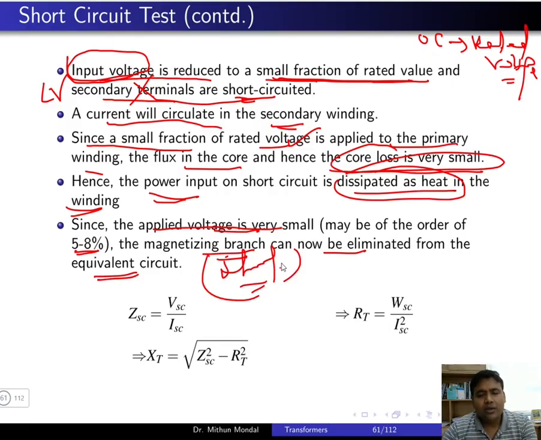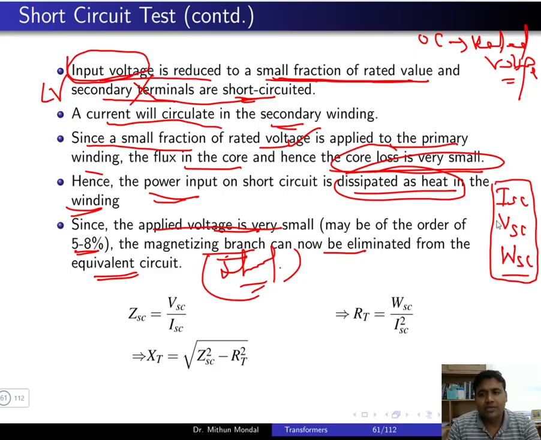Now, when we have short circuited the low voltage side, we measure three quantities. What are the quantities we have measured? We have measured the short circuit current, the short circuit voltage, and the short circuit power. These are the three quantities measured on the high voltage winding of the transformer, keeping the low voltage side short circuited.